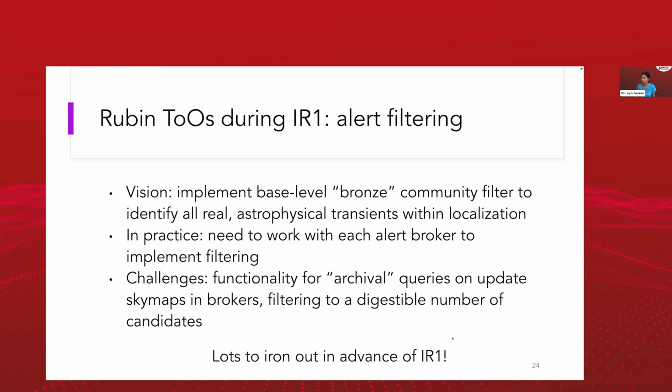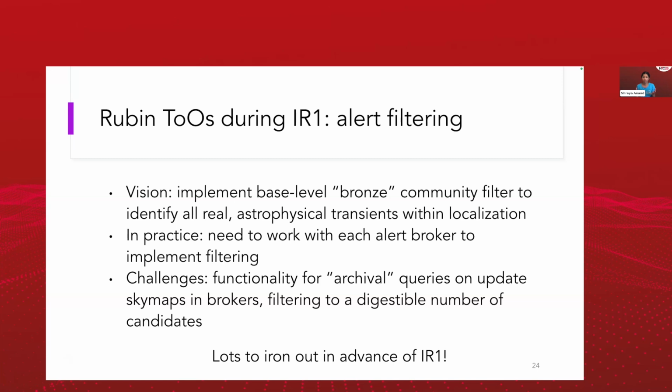And finally, challenges related to alert filtering. So during IR1, the vision moving forward is that since all of these alerts will be streaming into alert brokers, we want to implement a universal community filter that will be able to identify all real astrophysical transients within a localization covered by Rubin.